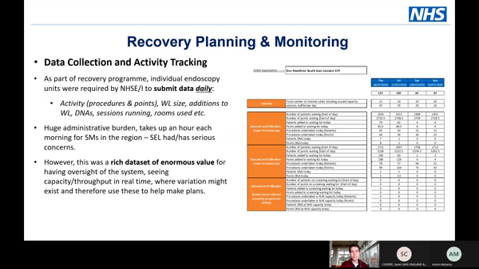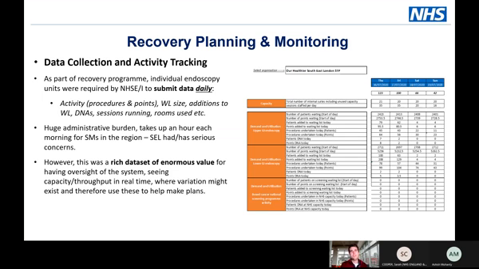It is, as you can imagine, a huge administrative burden to carry out that level of data collection and submission every day as a region. It takes up about an hour a day for most of the service managers and BI teams who are involved. So we have a lot of concerns about that system being in place.